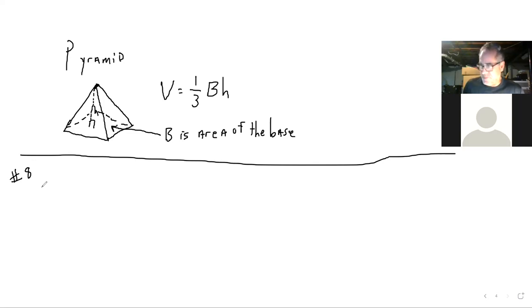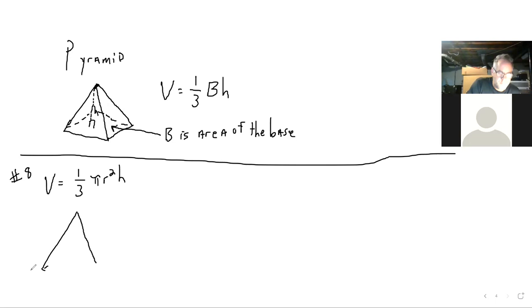And it says use 3.14 as an approximation of pi. All right. So first thing is, what is the volume of a cone? So remember, volume of a cone is 1/3 pi r squared times the height.